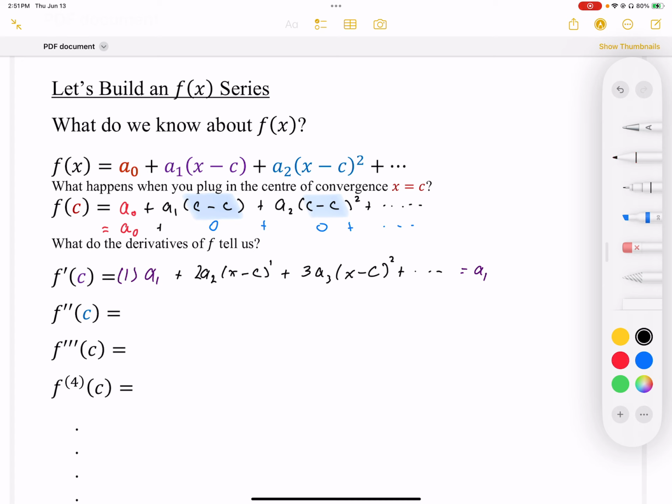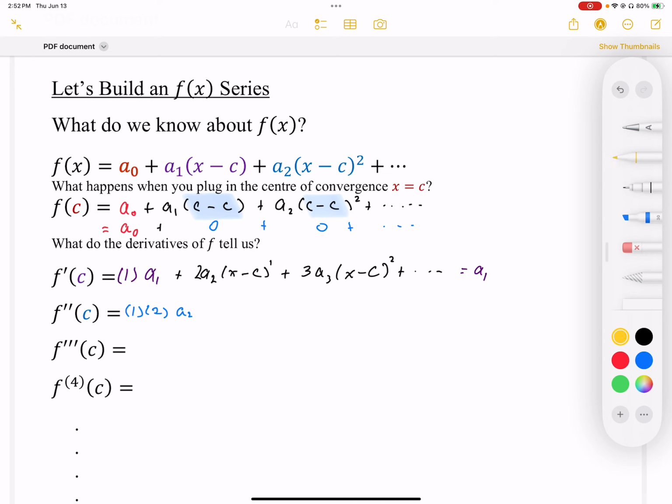If we take another derivative, the a1 term now differentiates to 0. If we differentiate the a2 term, we end up with 1 times 2 times a2.